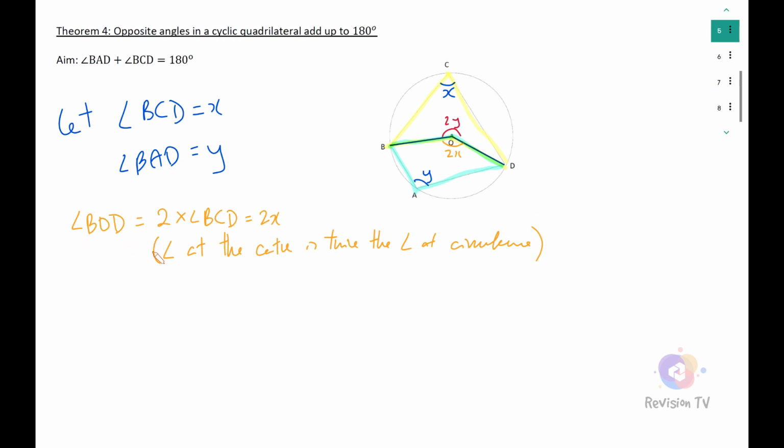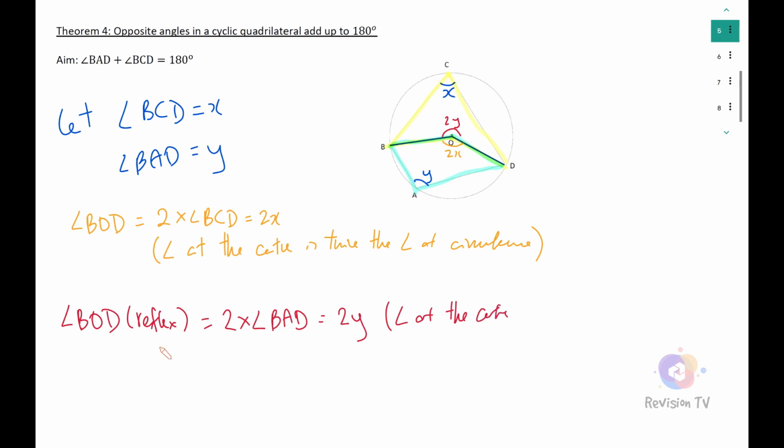If you want to call the reflex angle, you just have to put angle BOD, bracket, reflex. Then people will know we talk about the reflex angle of angle BOD equals 2 times the angle BAD, which is 2y. Reason: angle at the center is twice the angle at the circumference.